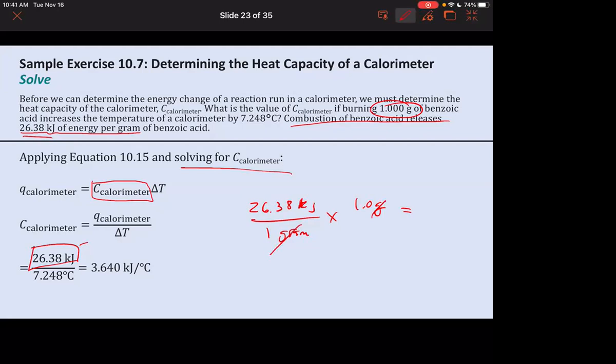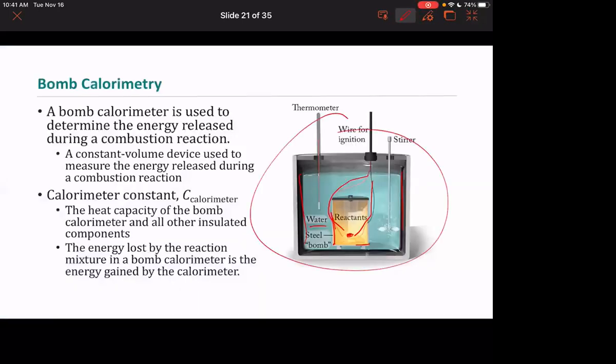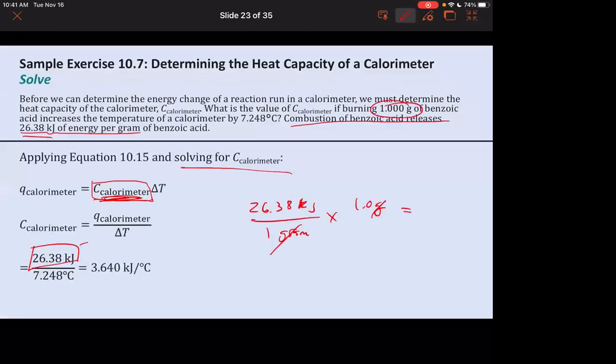And then there's my temperature change, because what I'm solving for is this. That's the heat capacity of this thing right here, the capital C of the calorimeter. That's what that means. I'm solving for that. This is the heat given off by the benzoic acid divided by the temperature change, which we know.